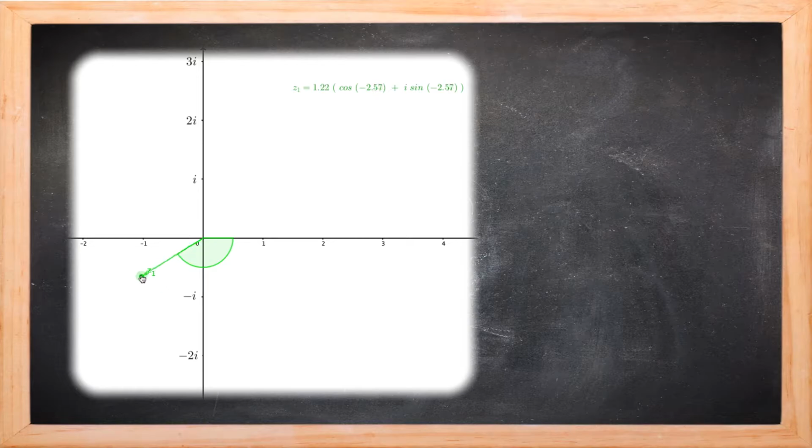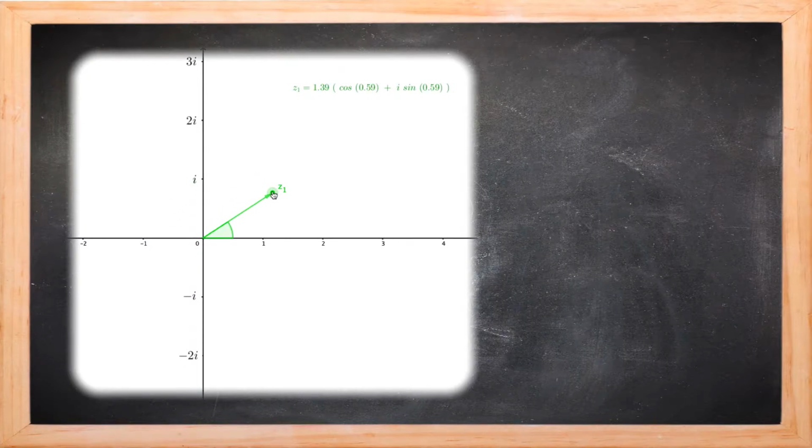But as we come round to say -1, as soon as we reach -1, it immediately jumps back to pi. So the principal value of the argument goes from negative pi all the way round to pi. It includes pi, but does not include negative pi.